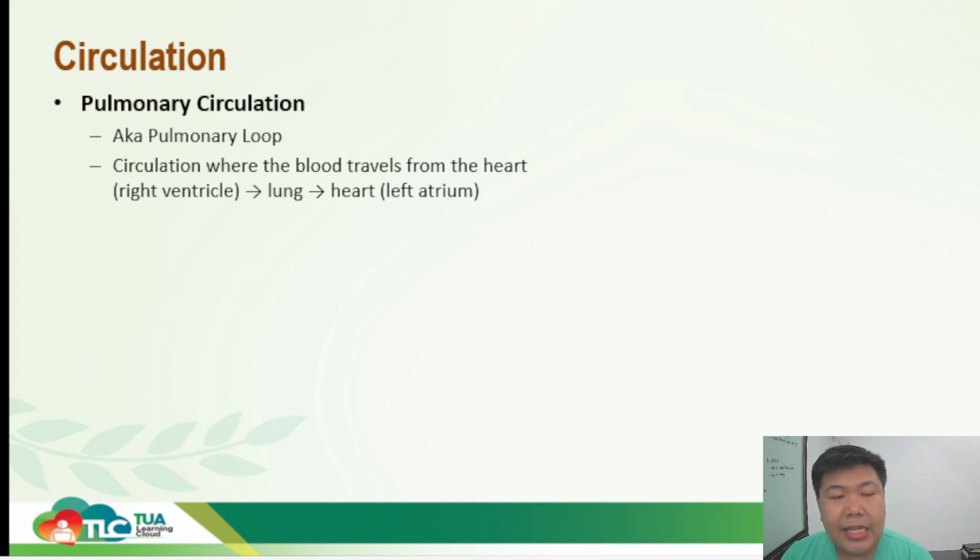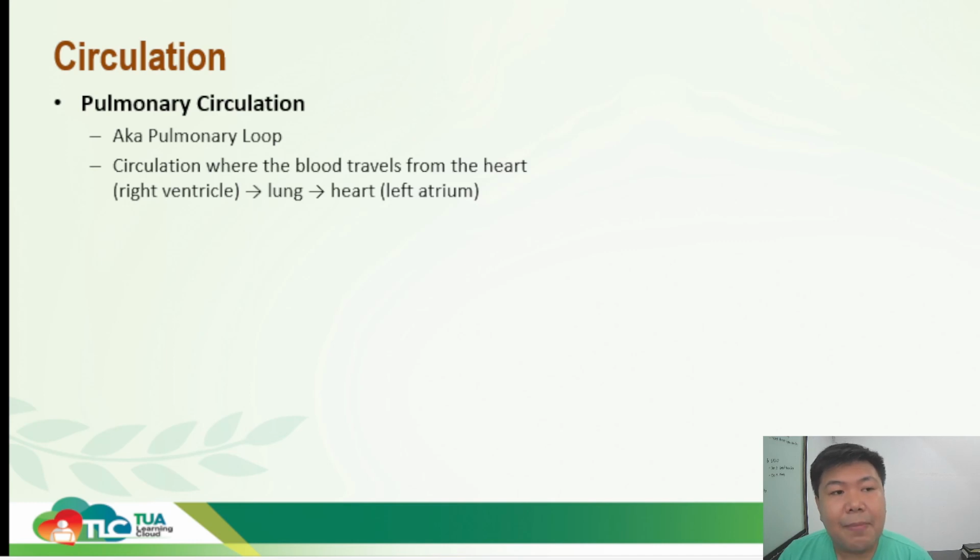So usually it starts from the right ventricle and it opens up the pulmonary semilunar valve to enter the pulmonary trunk, the pulmonary arteries, and then it goes to the lungs for blood to be oxygenated. And then it goes back to the heart via the pulmonary veins and it goes to the left atrium, where blood is again received since the atrium is the receiving chamber of the heart.